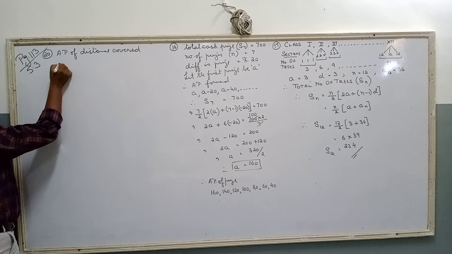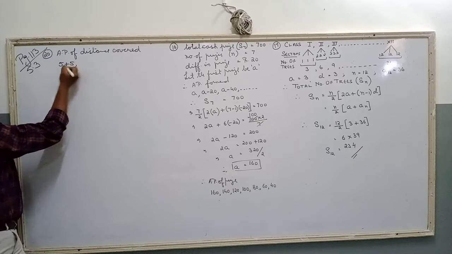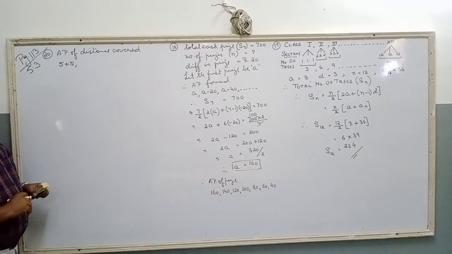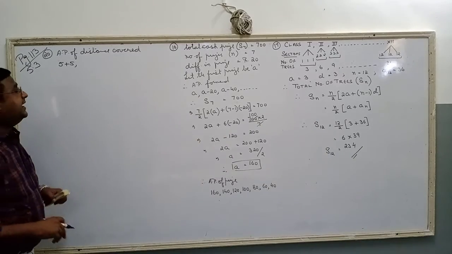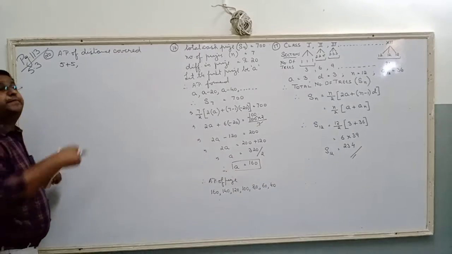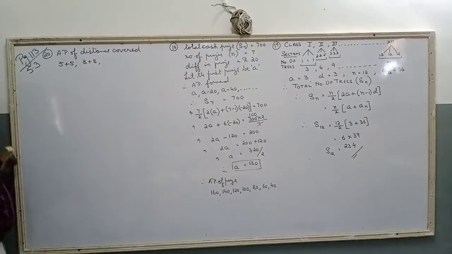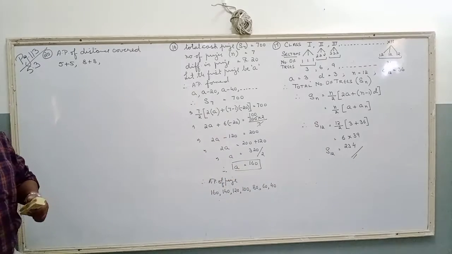The first potato was at a distance of 5 meters. So the student has to run 5 plus 5. She goes to the first potato, picks it up and comes back. Secondly, the second potato is 5 plus 3, 8 meters away. So 8 plus 8. She picks up and returns back.